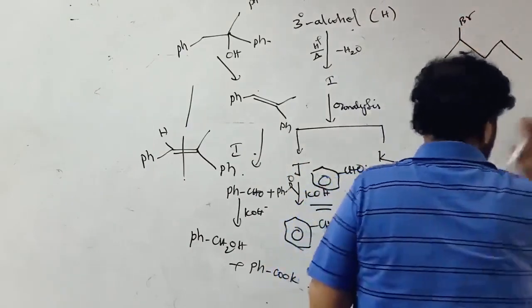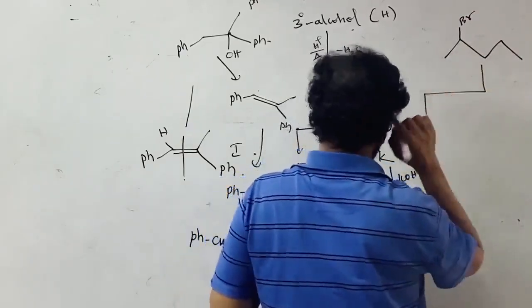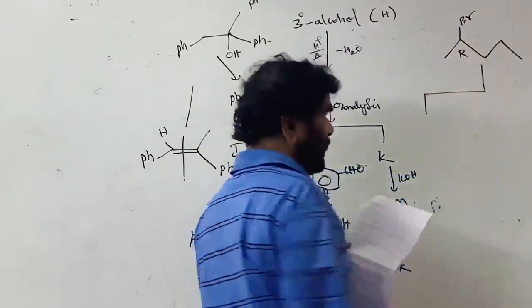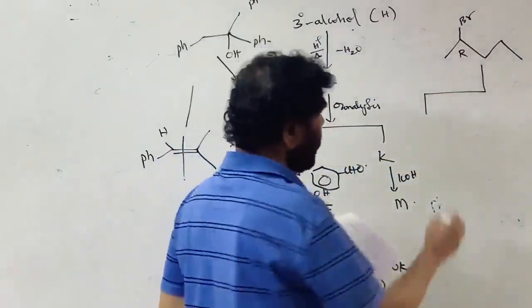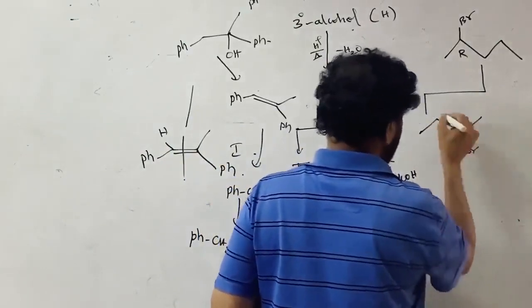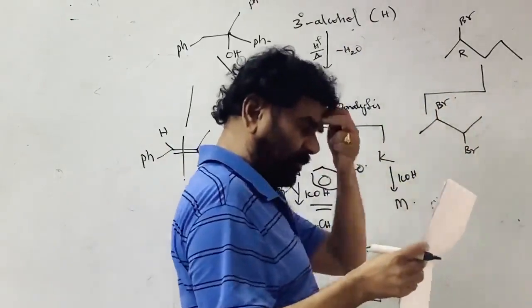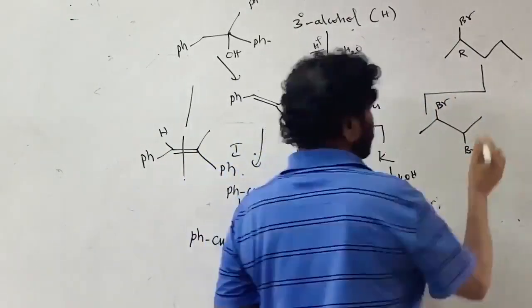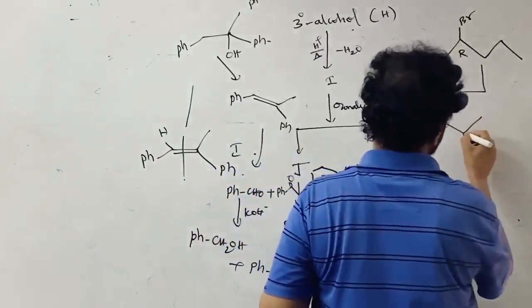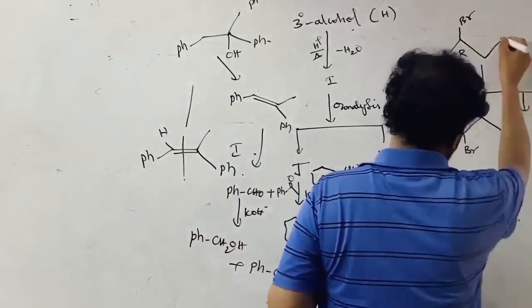Monobromination is carried out. How many products do you see? This is R. This is R, specific. So now bromine can be here, plus bromine can be here.